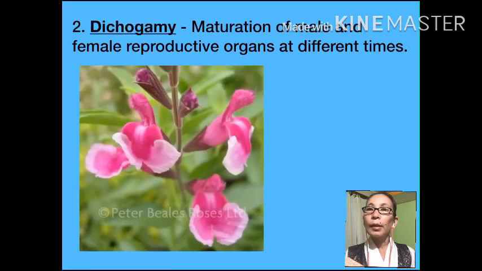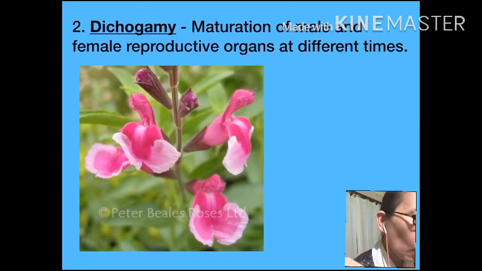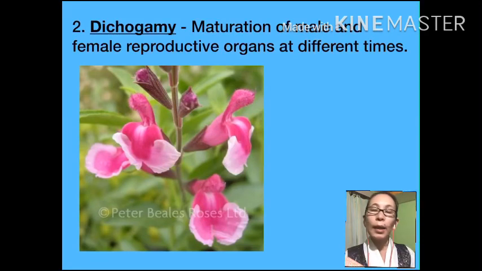Now, this is seen in plants like salvia, where the anthers mature earlier than the gynoecium. So, because the anthers mature earlier, when the mature pollen lands on the stigma, it fails to germinate because the stigma is still immature and not receptive.